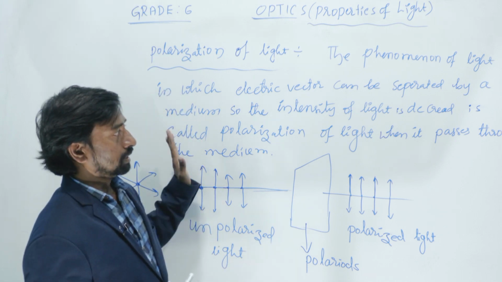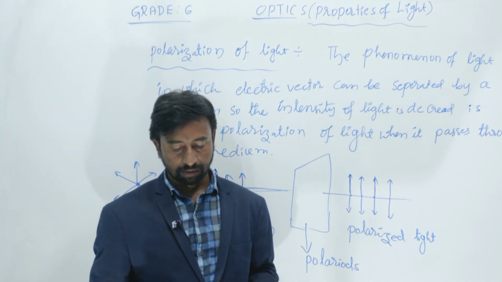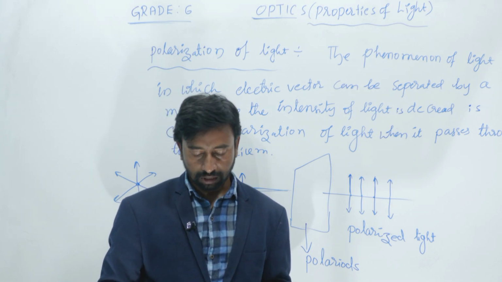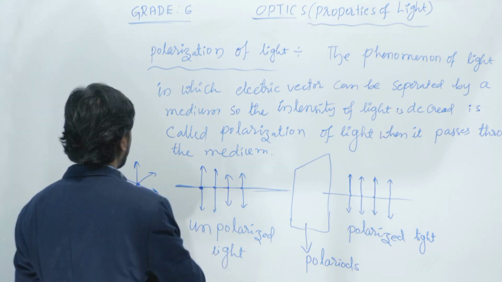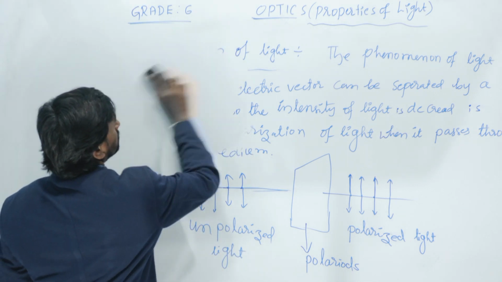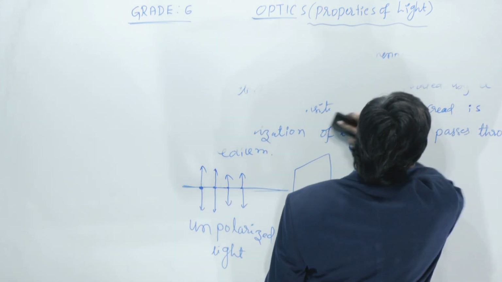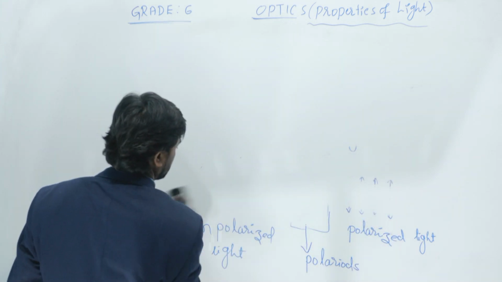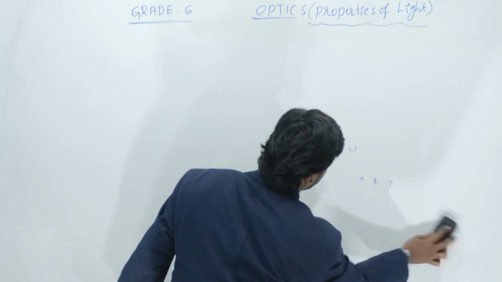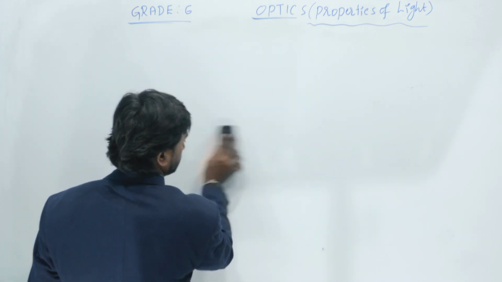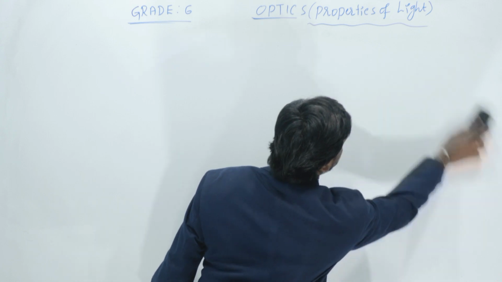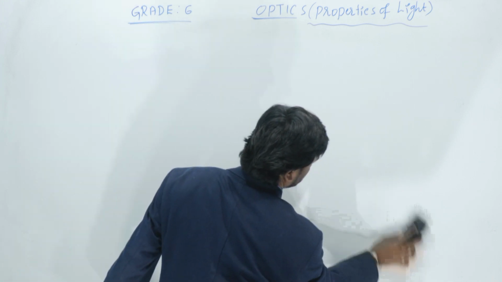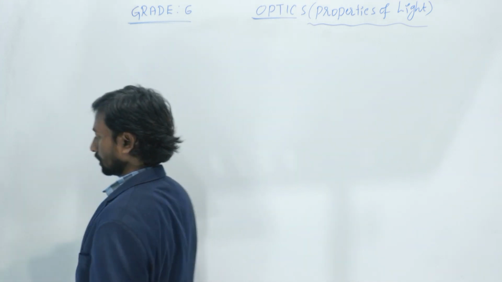Now we are going to see, based on these properties of light, some of the questions given in the practice sheet. Okay, so practice sheet 2, we'll see now.